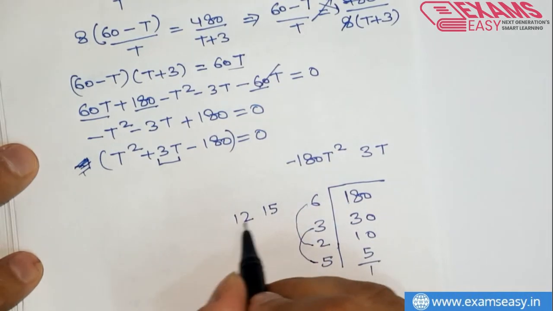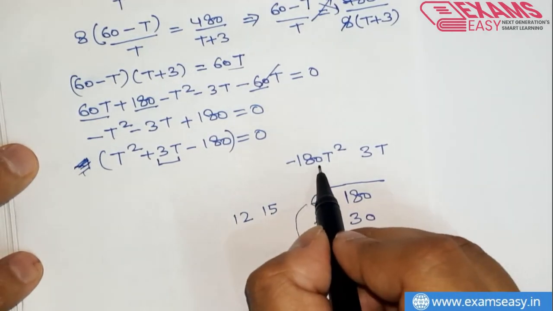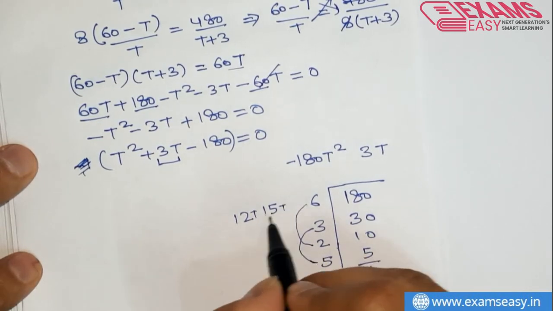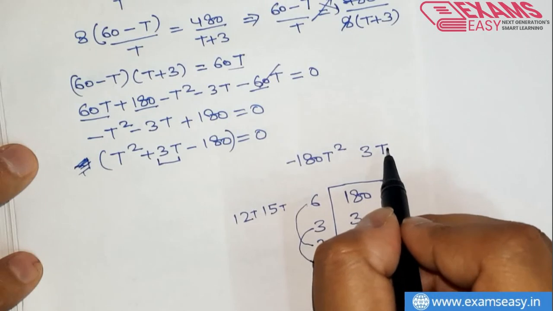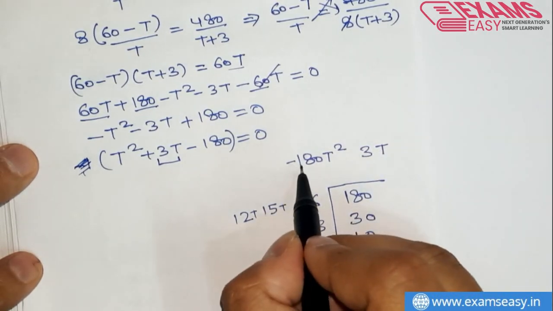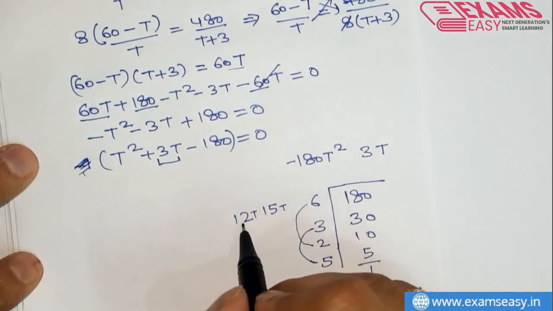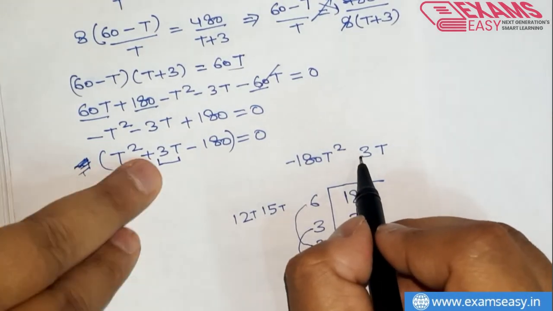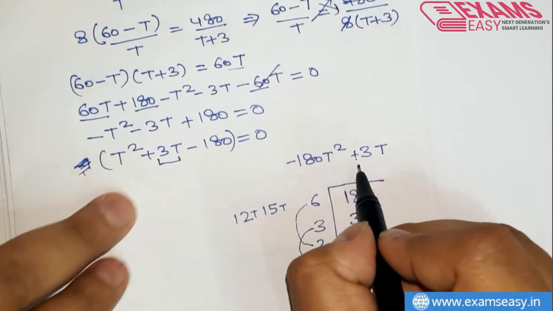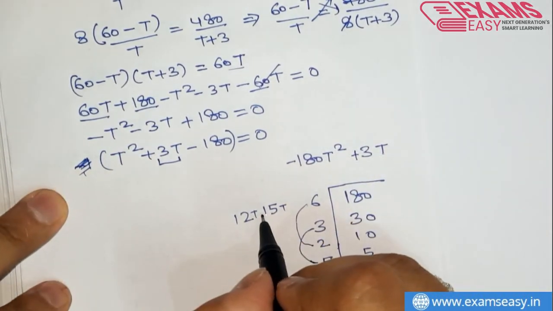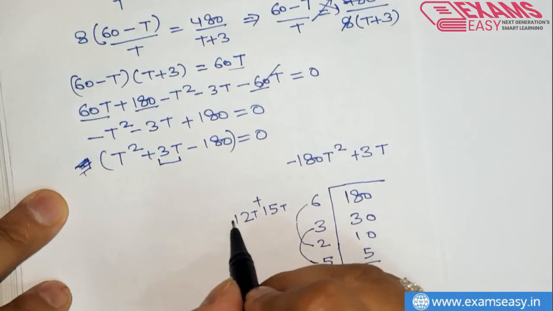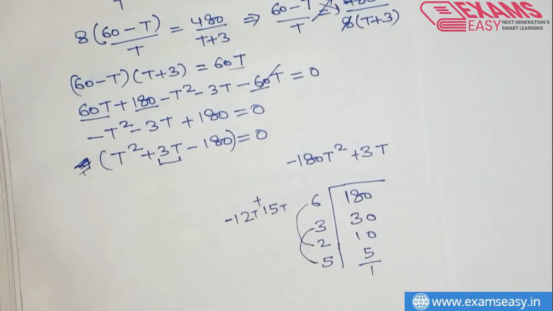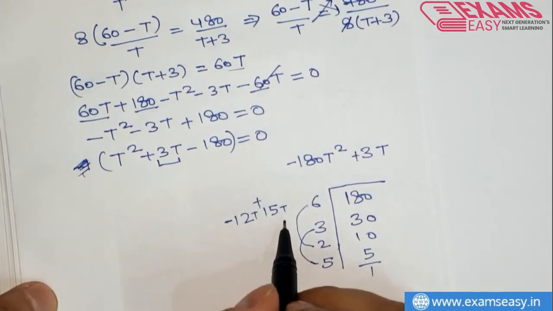So if we multiply 12 and 15, we are going to get 180, and if we subtract these two terms 12t and 15t, then we will get 3t as the answer. Now in the product we want a negative sign, so either of these digits has to be negative, but the middle term is positive, that means we want plus 3t, so the bigger term has to be positive and the lower term should be negative. So we have got the correct combination.